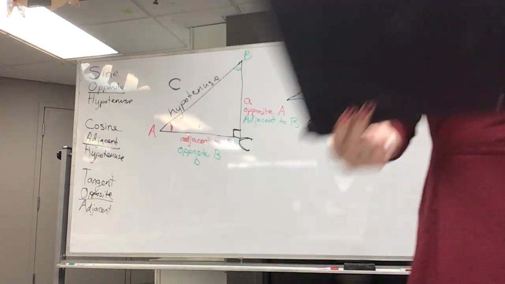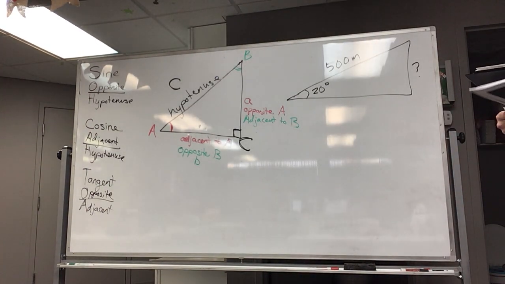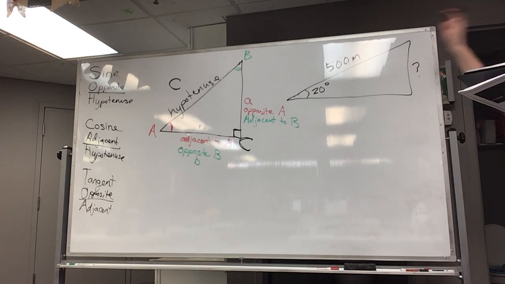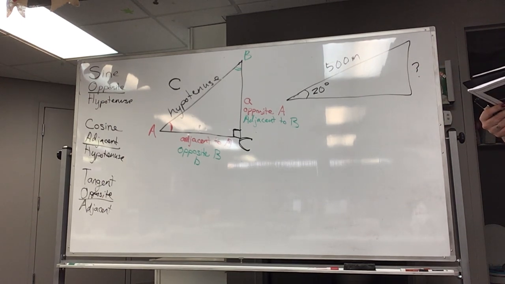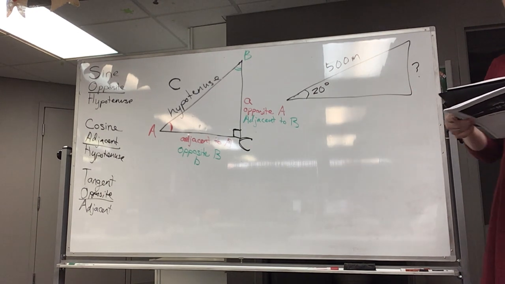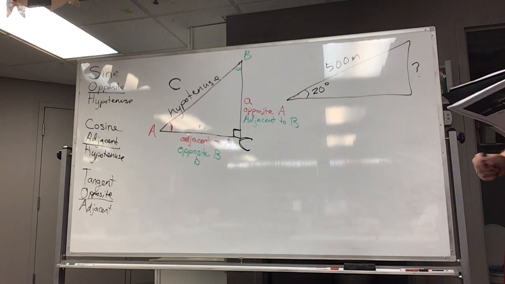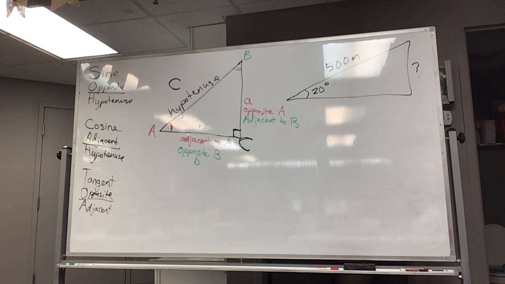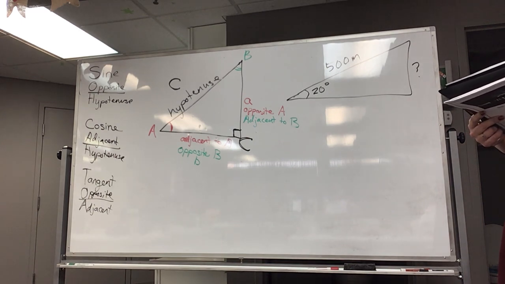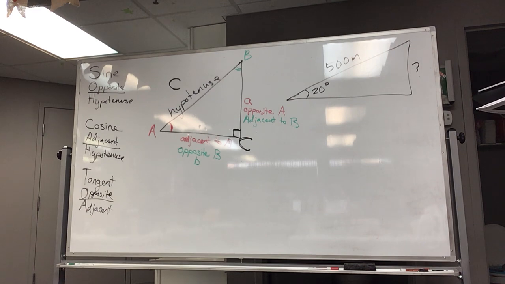So, filling in the word problems, it says the hiking path to the top of the mountain at the steepest place makes an angle 20 degrees with the horizontal, and it maintains this constant slope for 500 meters as illustrated below. Which of the following is the closest approximation to the change in elevation in meters over this 500 meter section? And so we will be rounding to the nearest whole number.